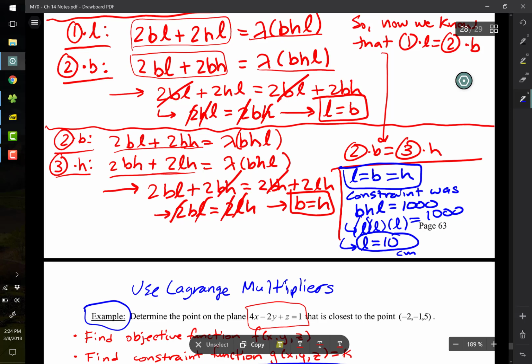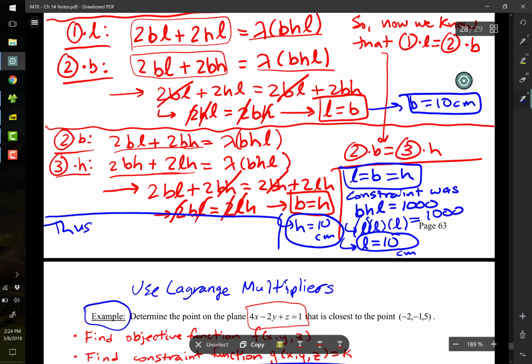And that tells me also that B is equal to 10 centimeters, and that H is equal to 10 centimeters. So thus, we found that B, H, and L are each equal to 10 centimeters. So that was the algebra part.